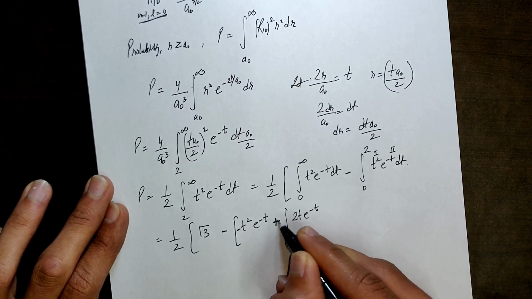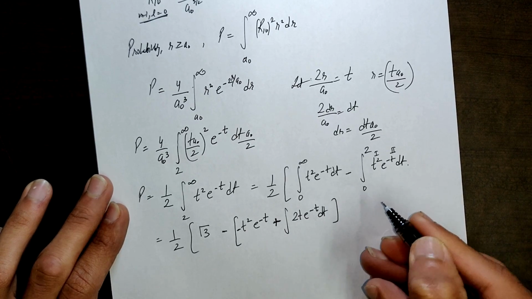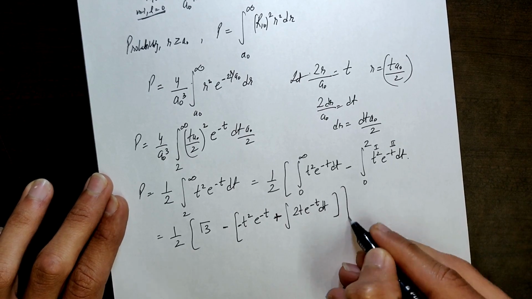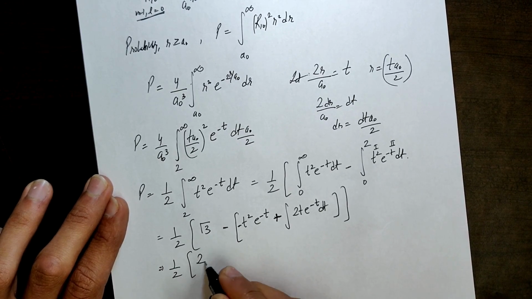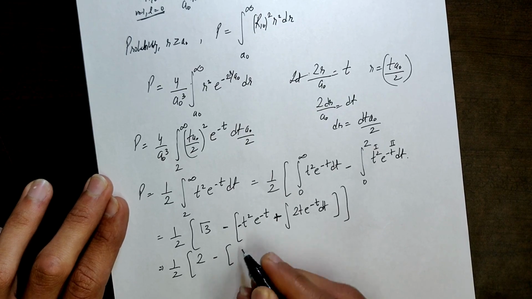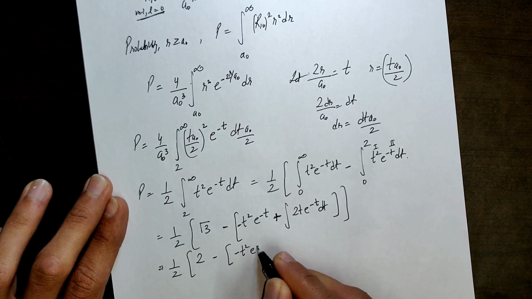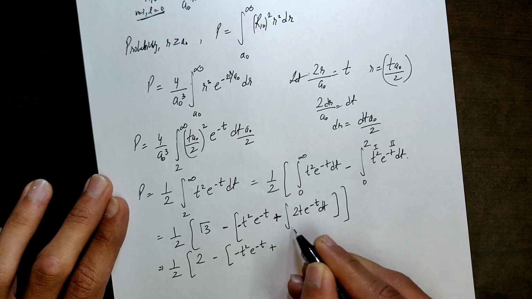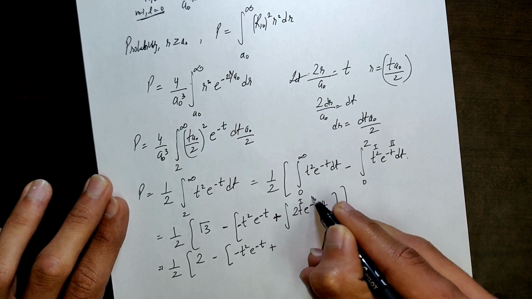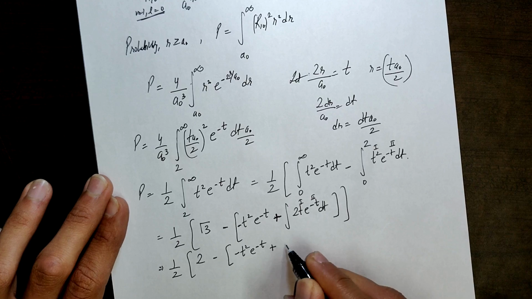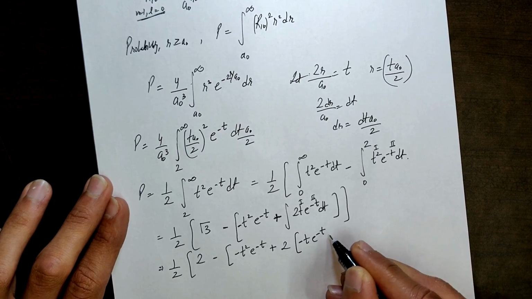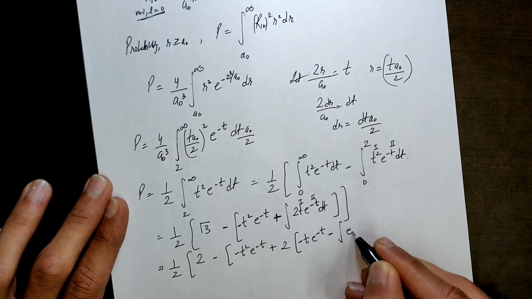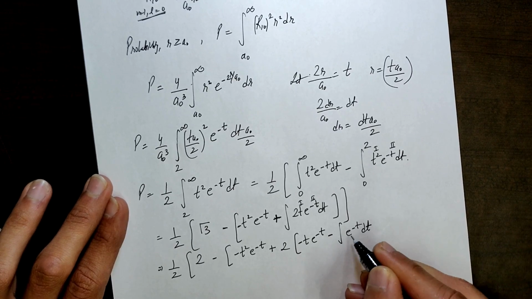So this would be positive dt, and gamma 3 is 2 factorial, which is 2 minus t square e raised to power minus t plus, we can again take this as first function, this as second function, so twice of first function into integration of second function minus integral of differentiation of first function into integration of second function.